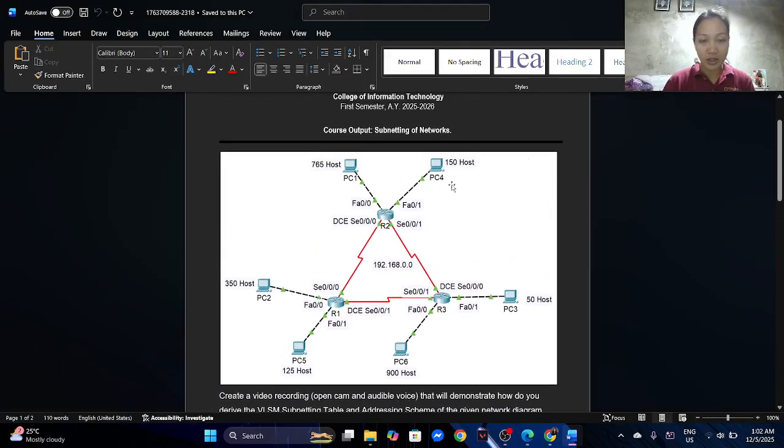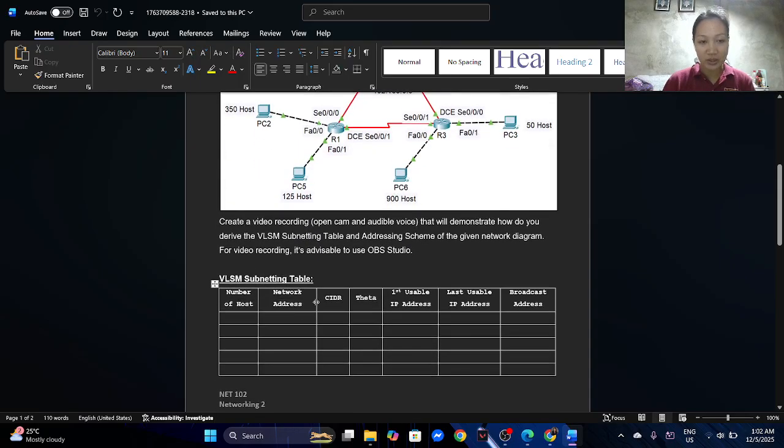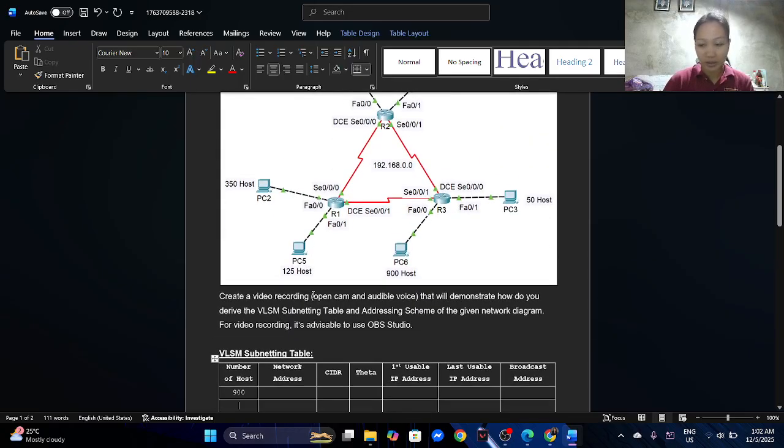So first, gagawin natin yung course output, which is subnetting of networks. To begin with, i-arrange natin yung number of hosts based on the highest to the lowest. So the highest is 900. Next is 765.